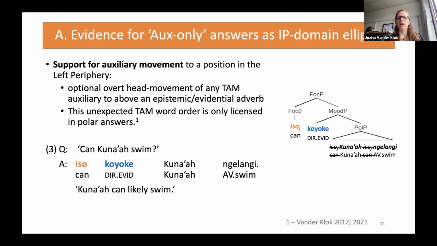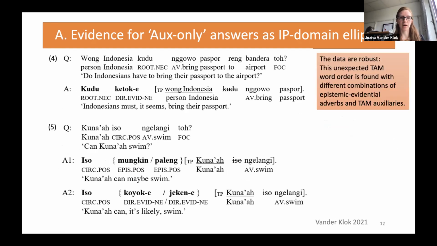What's interesting about this word order is that it's completely unexpected in other environments. It's in fact ungrammatical in any other environment except in answers to polar questions. So this provides independent evidence that the auxiliary is high.